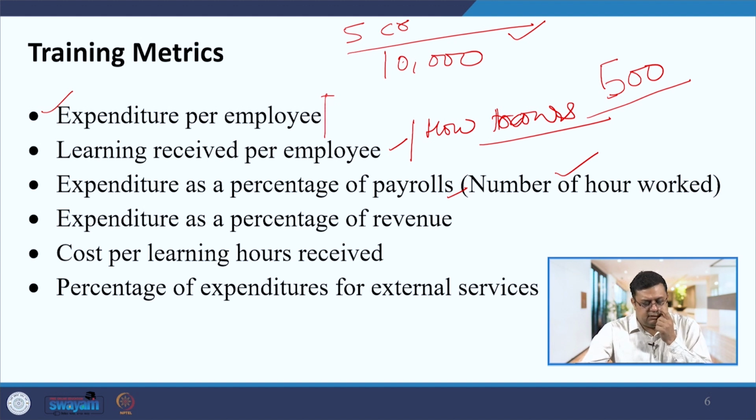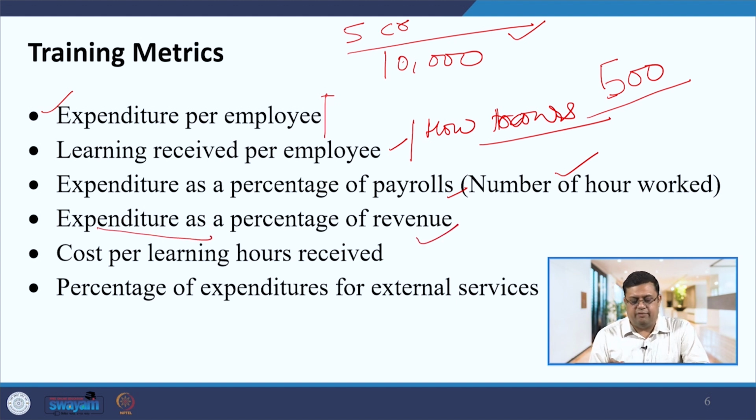Next, the learning received per employee per hour, how many hours one person is learning in the entire year. In the same way, in order to make him learn for 1 hour, how much amount is being spent inside the organization. And total training expenditure you can count as a percentage of revenue.